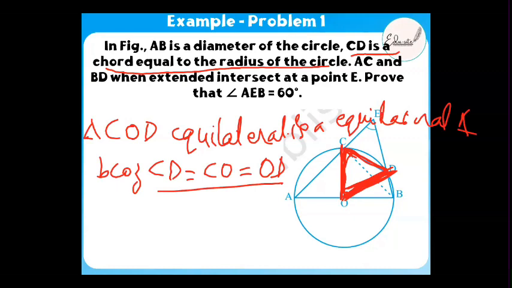Do you know if the sides are equal, then angles are also equal? Do you know this principle in the equilateral triangle? If the sides in the equilateral triangle are equal, then angles are also equal, right?